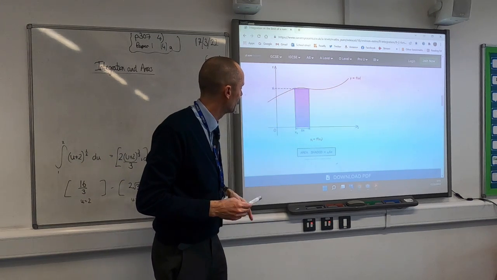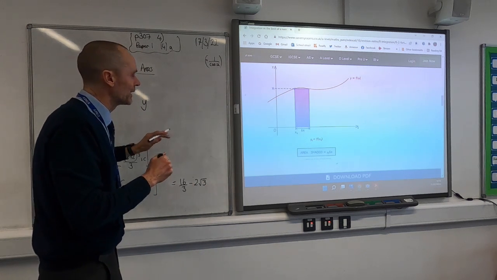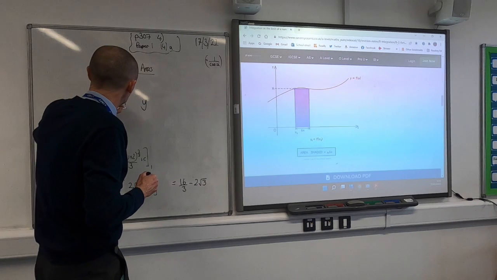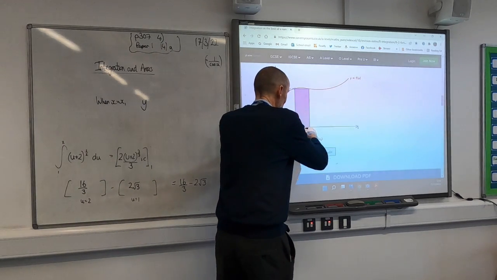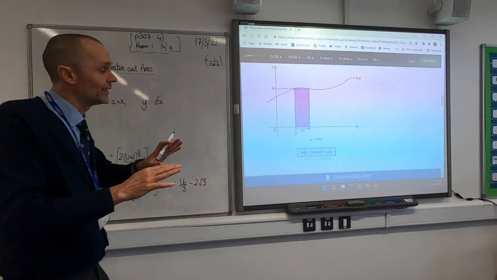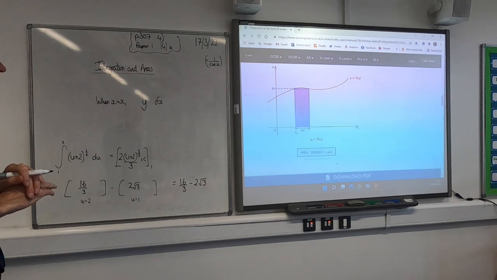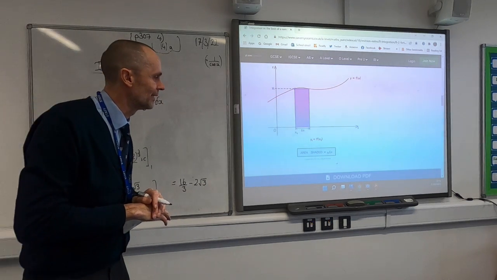It's the y value at a particular value of x. When x equals x1, it's the y value, and that's multiplied by the width, and we tend to call that delta x. Delta is a Greek letter, and it just means a change in x. So that's the area of that rectangle, that multiplied by that.